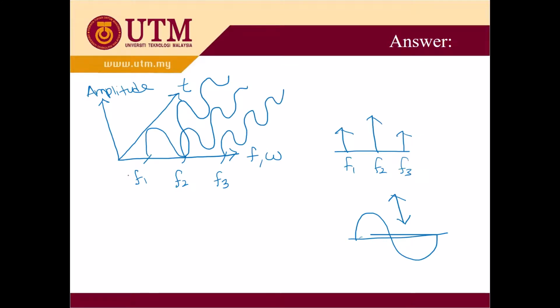If you look from this side, you can see the signal is like this. But if you see from this side, what happened if you only see the straight line like this? That is the difference between the time domain and the frequency domain.